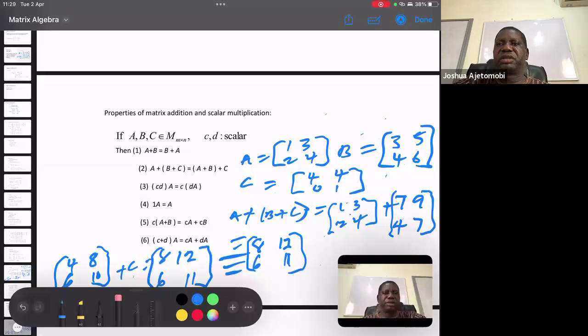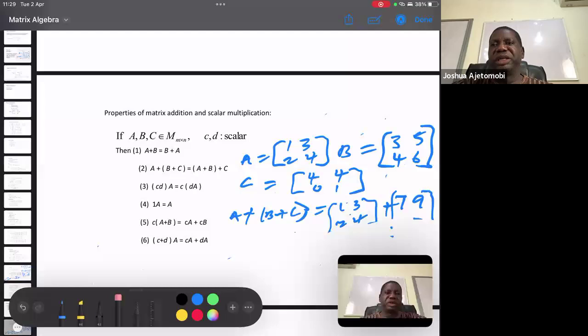And just practice some of these things by yourself. If you multiply any matrix by identity matrix, it's going to give you that matrix.